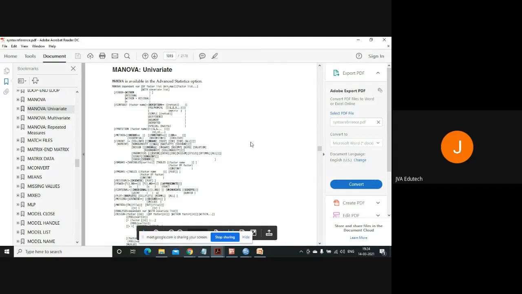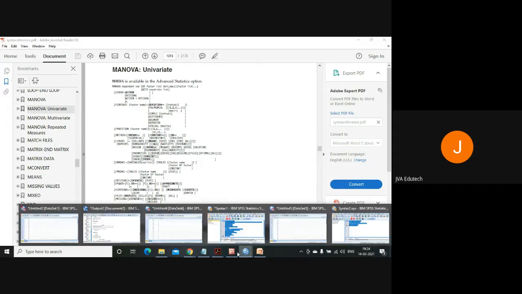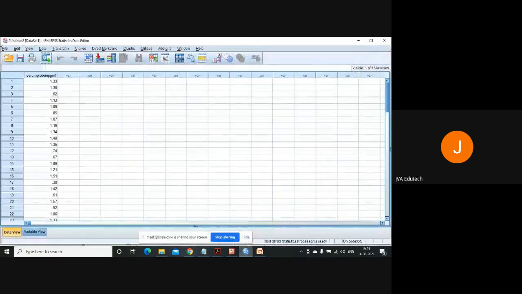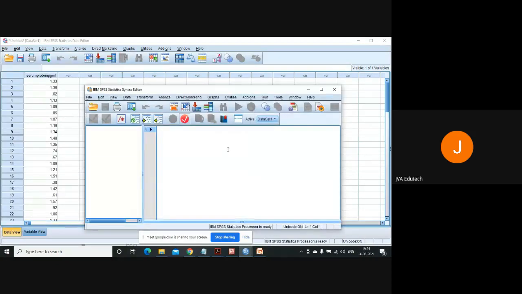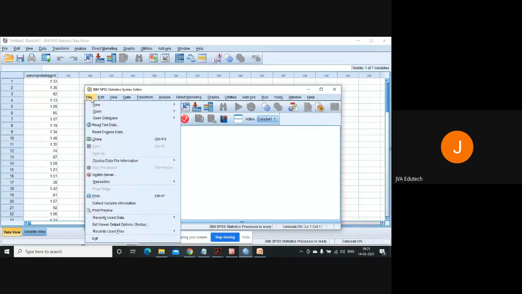So this syntax is very helpful when it comes to doing statistical analysis on SPSS. I'm just once again repeating the procedure. If you want to run a syntax file, open a new syntax, type your code, run the command, and you can save it.